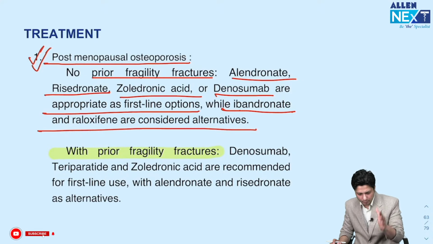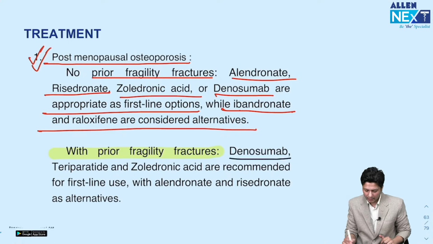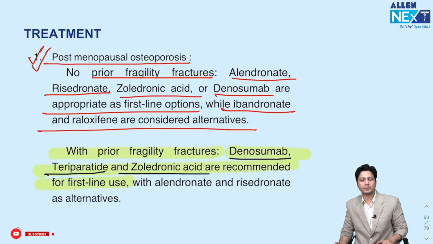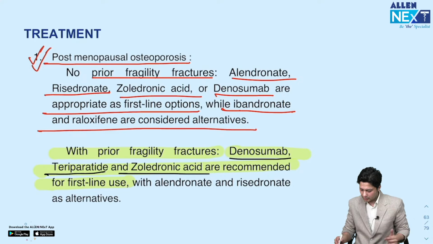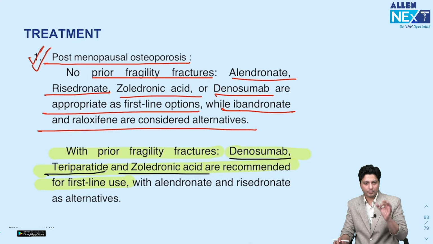Suppose a patient with osteoporosis comes to you and has a fracture too, then in that case denosumab and teriparatide along with zoledronic acid are considered the first line drugs. That means parenteral drugs are the first line drugs. All right, denosumab, teriparatide, zoledronic acid are the first liners. Hopefully you have understood what I am trying to say.